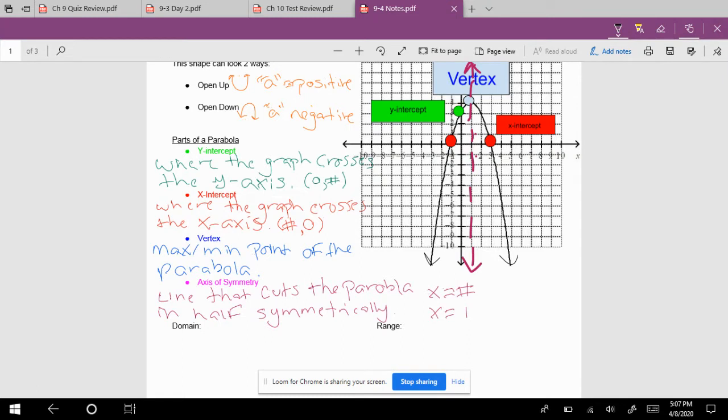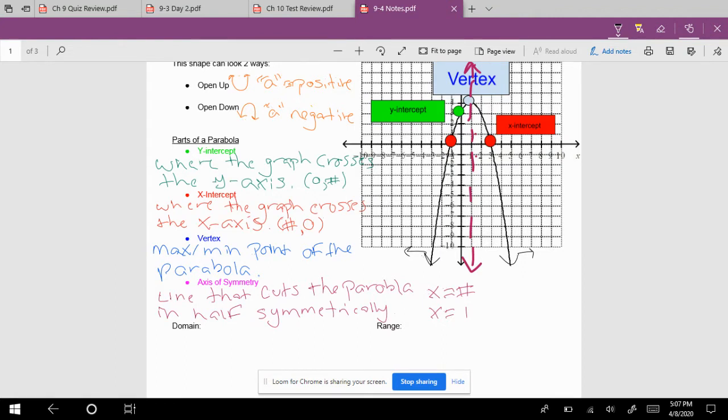So even as this goes down on the left-hand side, it's also going left, little by little by little. Same thing with the right. As it goes down, it's going to go to the right, little by little by little. So there's nothing stopping it from going left and right forever. Same thing would happen if this were facing upward.